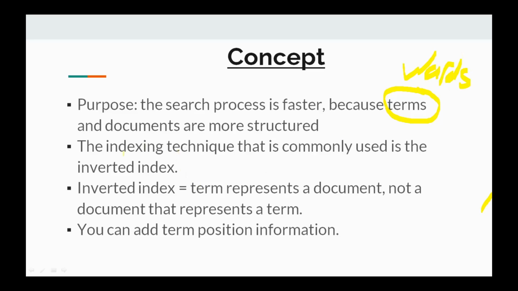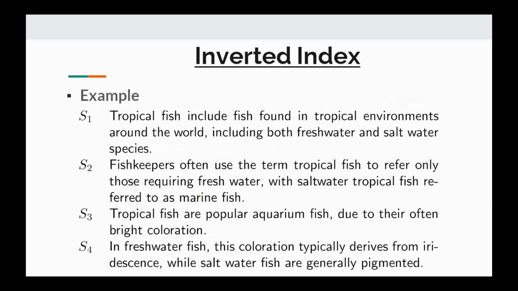The indexing technique that is commonly used is the inverted index. For an inverted index, a term represents documents, not a document that represents terms. For an inverted index, you can add term position information.